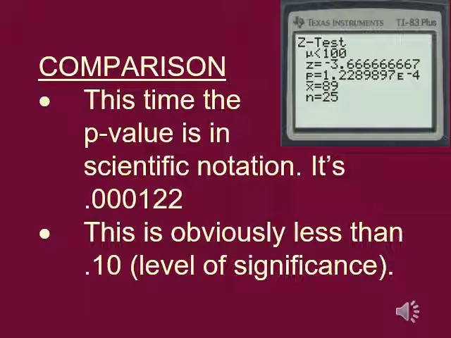Because what I do is I compare that p-value with the level of significance, which in this problem was 0.10. It's not too hard to figure out that 0.0001 is less than 0.1. And so, since this is way less than my level of significance, it is definitely a significant result.